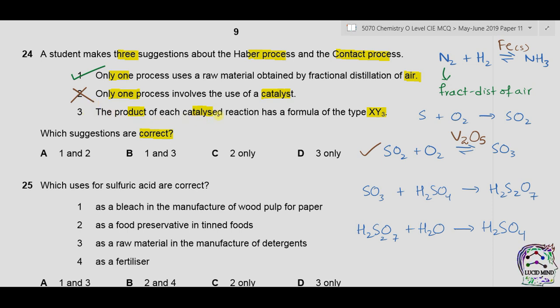Number 3, the product of each catalyzed reaction has a formula of the type XY3. Now this is a catalyzed reaction and the product is XY3, and we have this catalyzed reaction in the Haber process and we have an XY3 type formula. So statement 3 is correct. As 1 and 3 both are correct, therefore the answer is B.